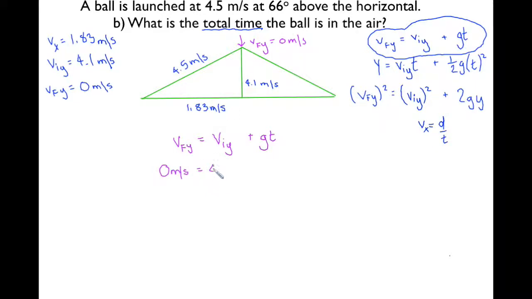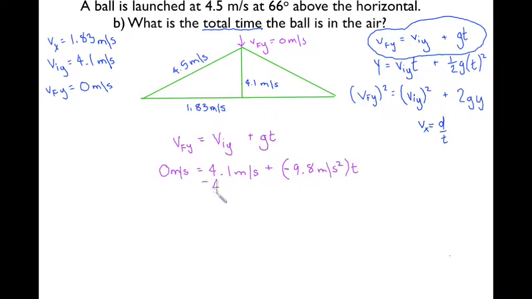Our initial y velocity is 4.1 meters per second. And then because we're moving up in this section, but gravity is pulling down, we need to make gravity negative. And then we have time.